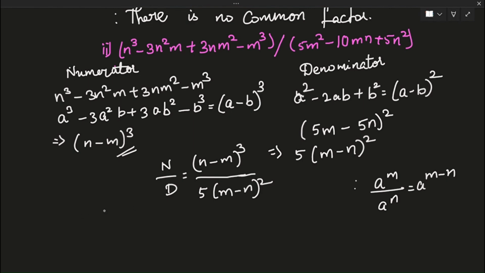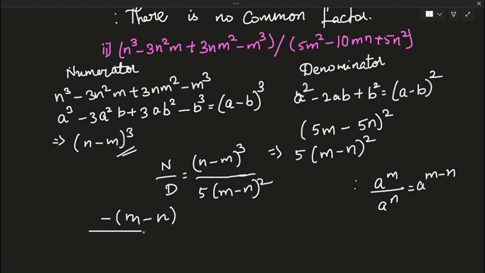So if you take minus as common, this can be written as n minus m equals minus of (m minus n). So if you multiply, minus into m, and then minus into minus will become plus.